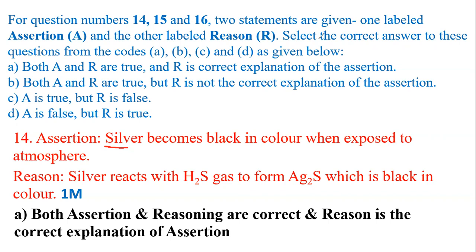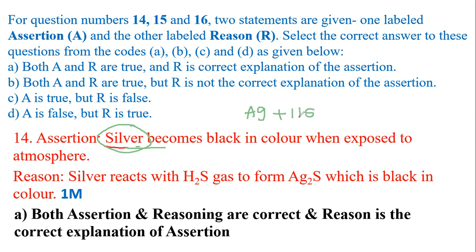I think you have studied this under chemical reactions. About silver chloride, you have studied the gray color silver chloride. Here they are not asking about silver chloride, they are just telling about silver. When silver is exposed to atmosphere, there will be some other components in the atmosphere along with oxygen and nitrogen.